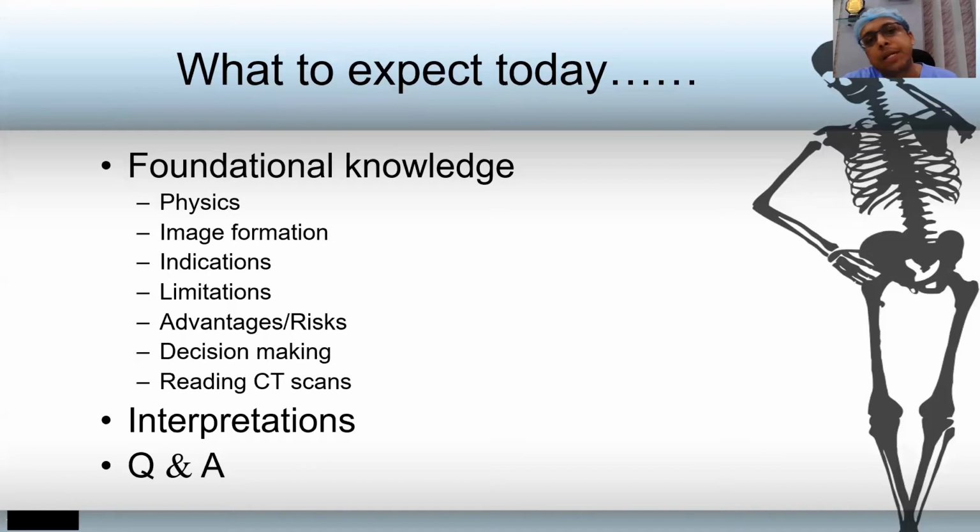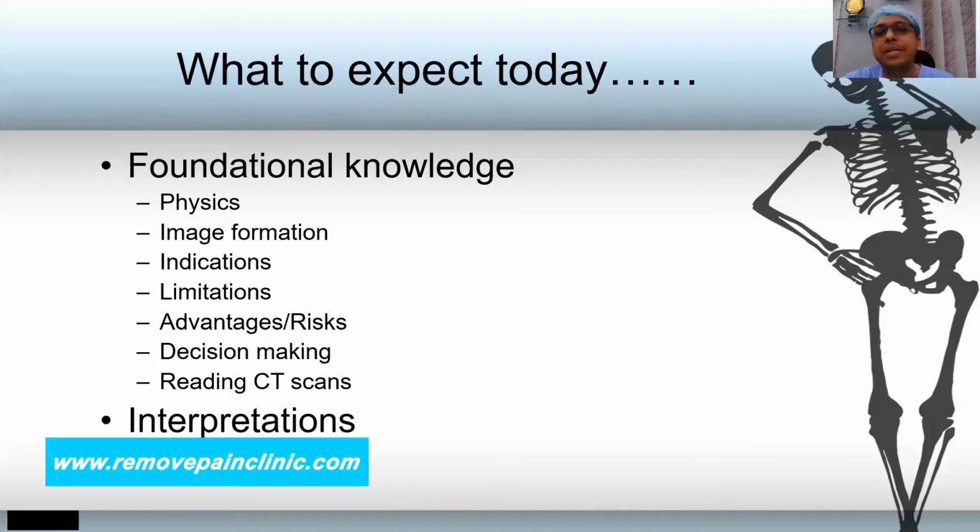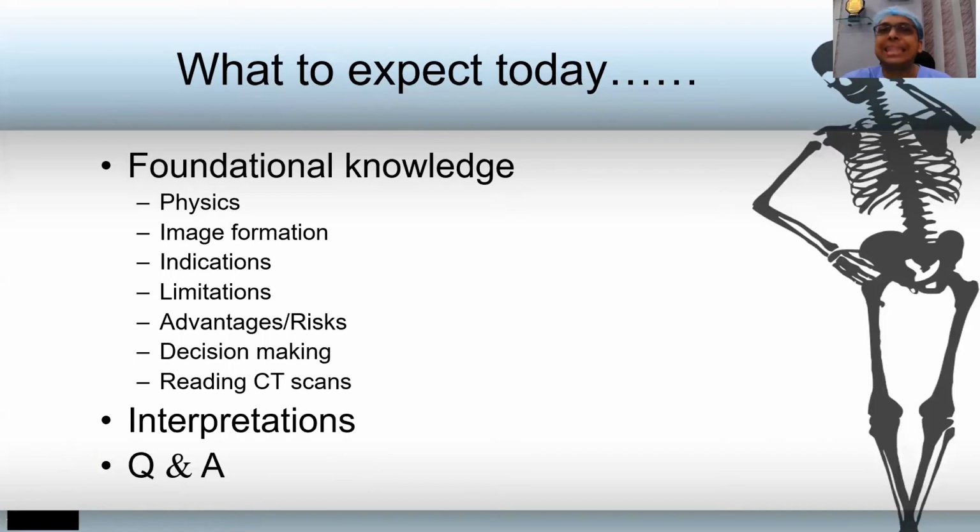Today we'll discuss a little bit of physics, how the image is processed, and then the important part: when do you decide that you need a CT, and how to read a CT scan. At the end, we will interpret different joints and anatomical segments of the body, comparing and contrasting normal versus pathological, and then have a question and answer session where you'll be asking me questions. Like earlier, please have a pen and paper ready.